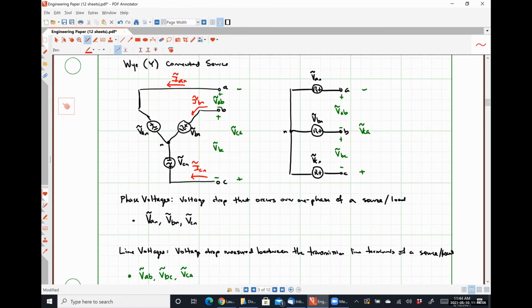The second subscript letter is where the current's going. And I could do it similarly on this side. IAN, IBN, and ICN.